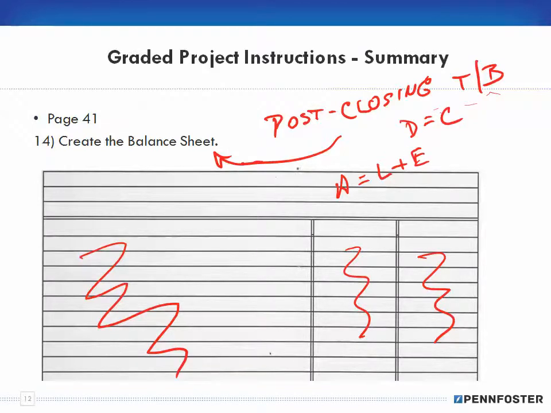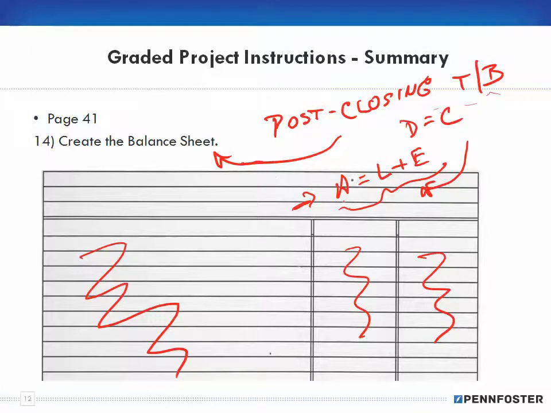Remember, at the beginning of the accounting period, the accounting equation was in balance. But as soon as you made a journal entry that didn't affect one of those three accounts, it throws it out. That's because we used a revenue or an expense account. And so now we have to bring that back into balance, and that's what our closing entries were for, to bring our accounting equation back into balance.